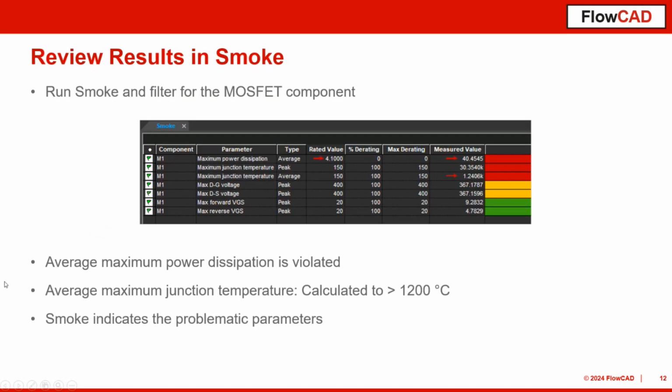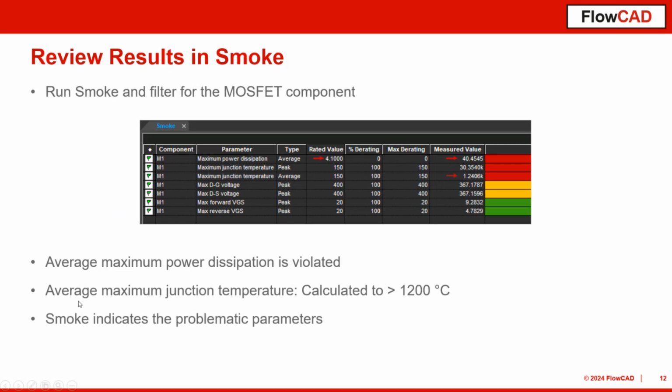When I run the smoke analysis after I have checked that my circuit is working, I see the results in smoke. And it's good that we have run the smoke analysis, because you see here are some parameters that are marked red, and we have a problem with that. We see that the maximum power dissipation is violated, it's red.